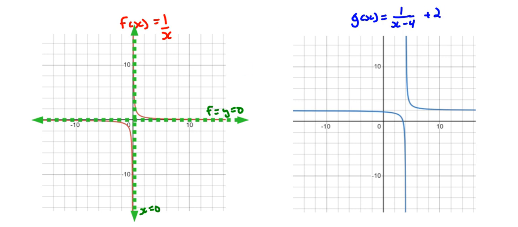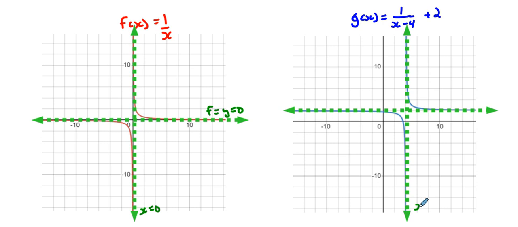And we can see now that our asymptotes have shifted in this graph. So we have now an asymptote along this line, and we have an asymptote along this line. So let's see if we can name these ones. Well, along this vertical line here, all points are x equals 4.